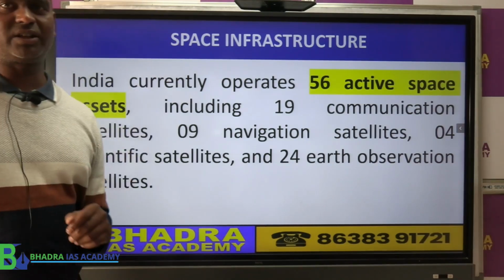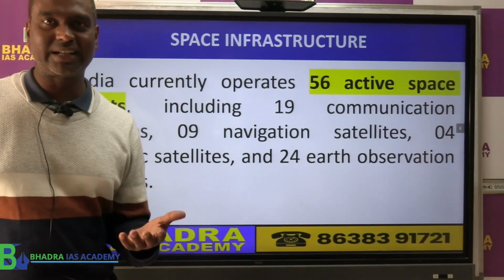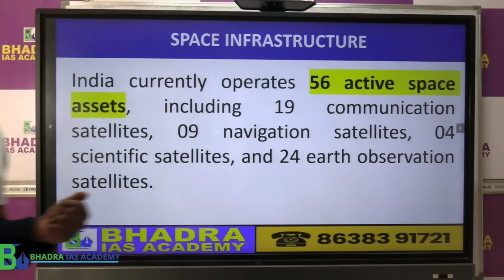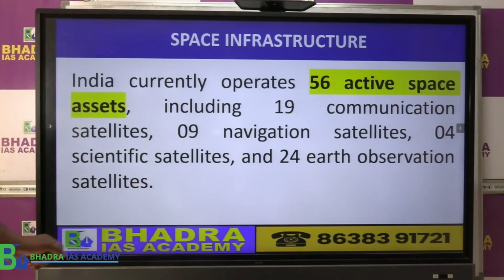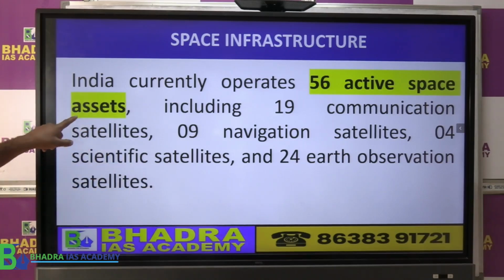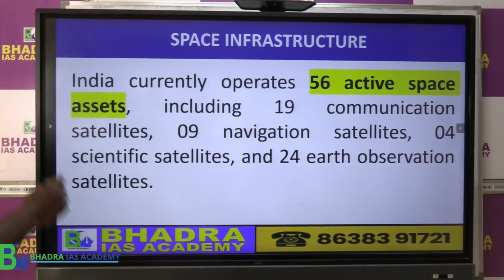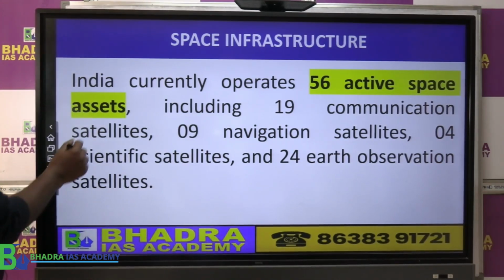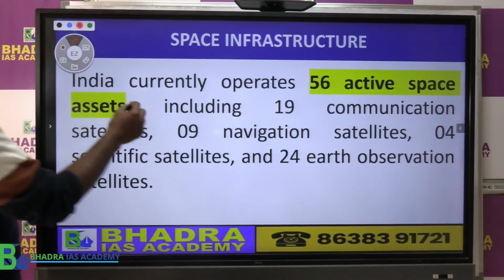Space infrastructure, because this comes under Science and Tech, this is a topic. If you look at it, according to the Economic Survey, India currently operates about 56 active space assets, where we have 19 communication satellites. These are all satellite assets.